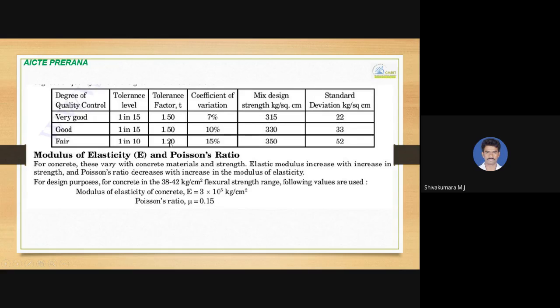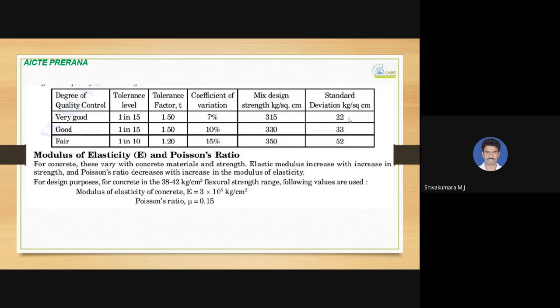If it is fair, it is 1.2. And the coefficient of variation is 7%, 10%, and 15% for very good, good, and fair degrees of quality control. And the mix design strength can be expected as 315, 330, 350 kg per square centimeter for very good, good, and fair. And the standard deviation can be taken as 22, 33, 52 for very good, good, and fair degrees of quality control respectively.